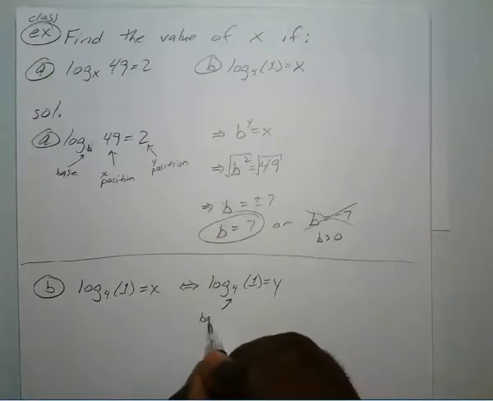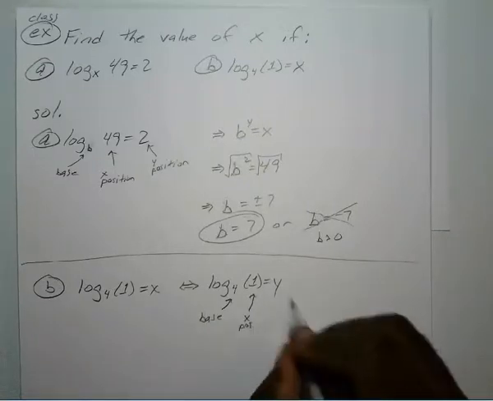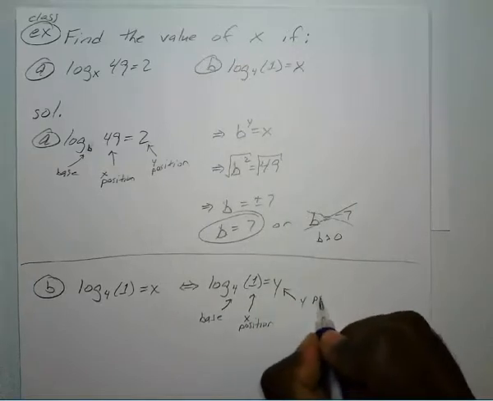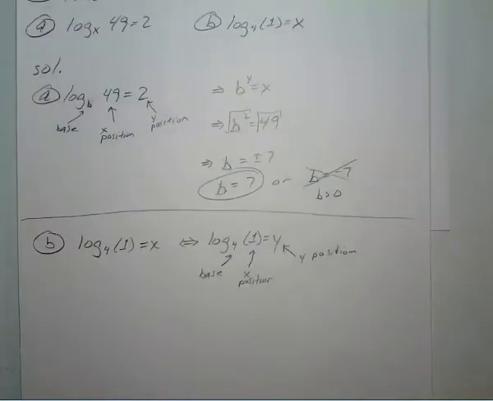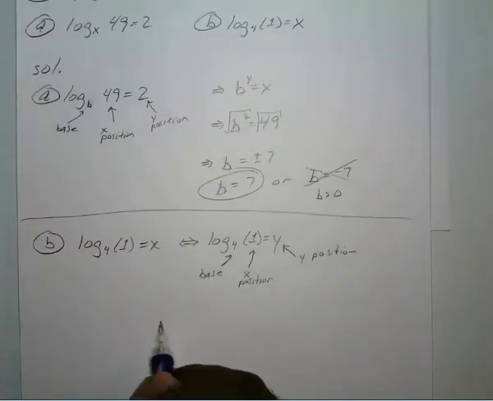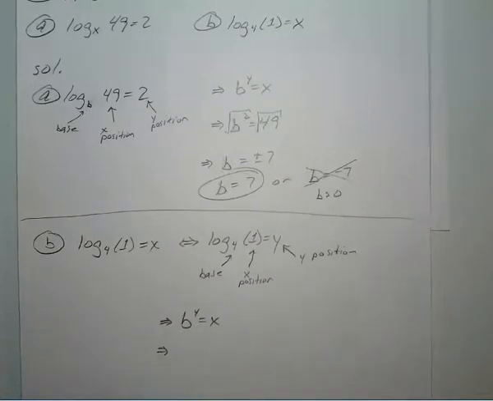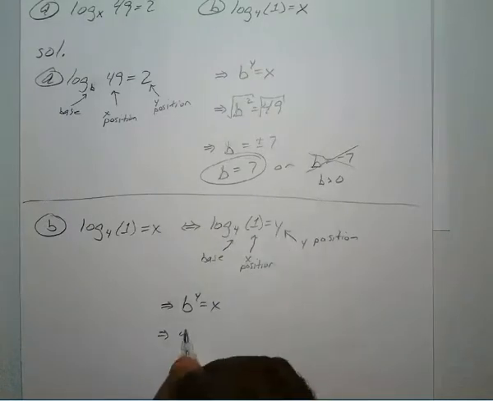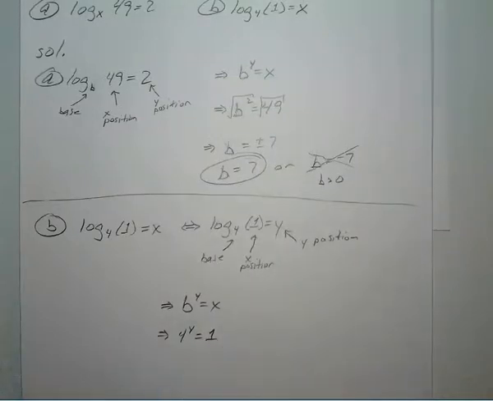Okay, so we have our base, our x position, and our y position. So if we have our b to the power of y equals x, plugging everything in, we have 4 to the power of y equals 1.